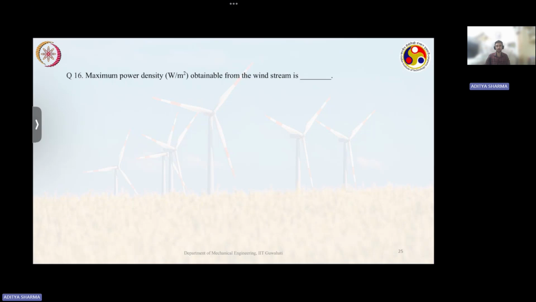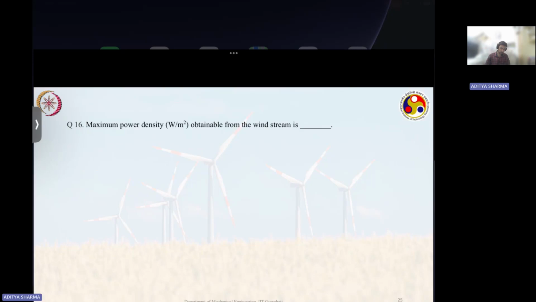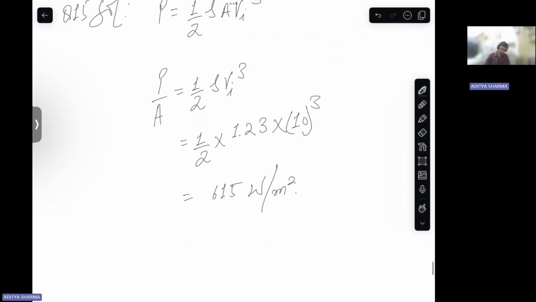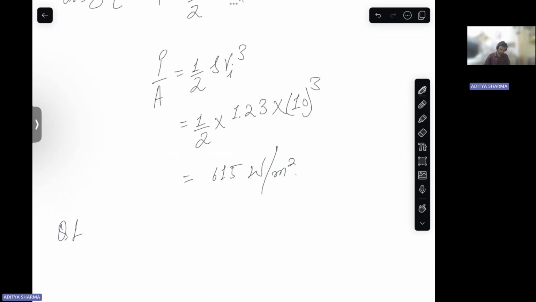Question number 16, it says that maximum power density obtainable from the wind stream is. Now maximum power obtainable is 0.593 of the P total. But if you want to find out through the formula, that also can be done.